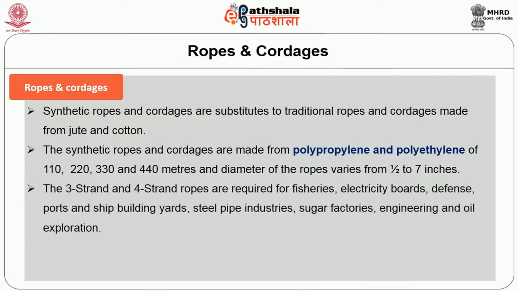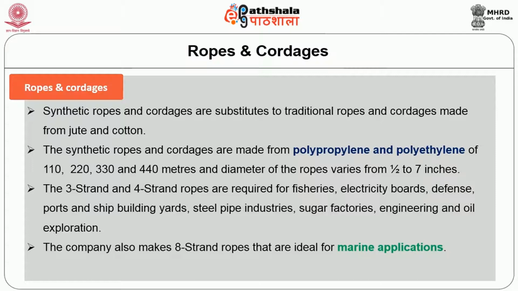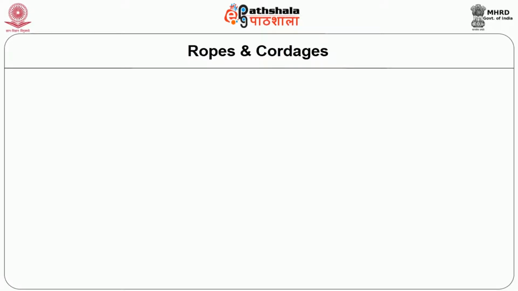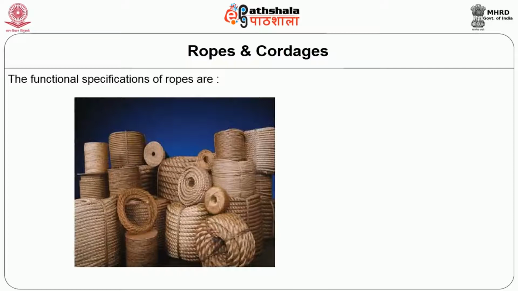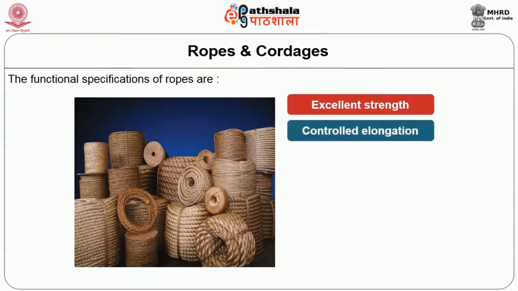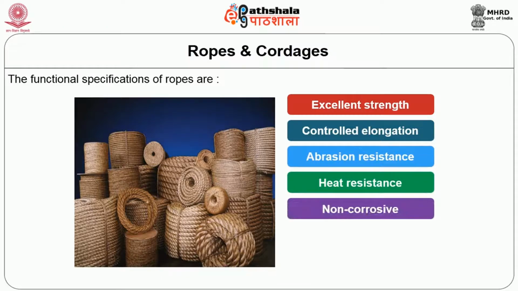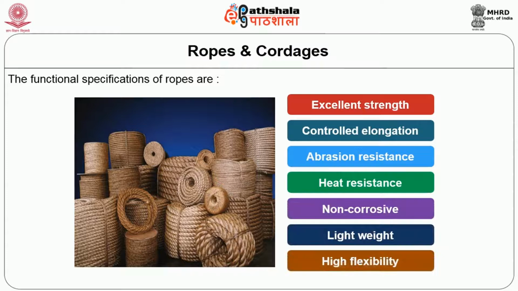The 3-strand and 4-strand ropes are required for fishery, electricity board, defense, port, shipbuilding yards, steel pipe industry, sugar factory, engineering, and oil exploration. The company also makes 8-strand ropes that are ideal for marine application. The products are manufactured to desired specification. The functions specified for ropes are excellent strength, controlled elongation, abrasion resistance, heat resistance, non-cohesiveness, lightweight, and high flexibility.